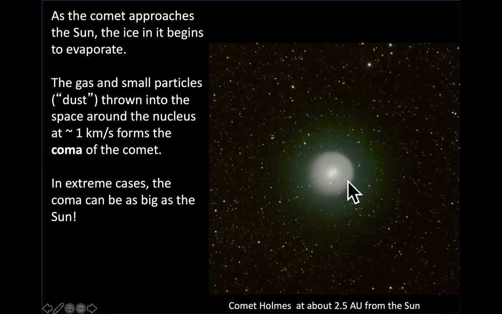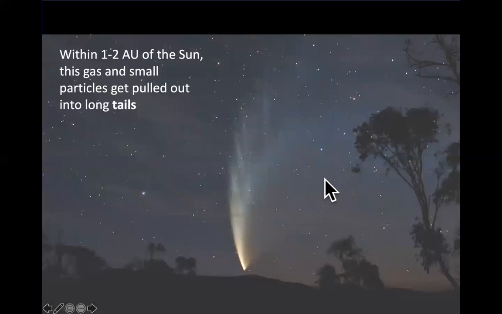And as these things get even closer to the sun, that dust doesn't just form a cloud around the nucleus, it gets stretched out into tails. When they get close to Earth's distance from the sun, the sunlight and the solar wind interacting with that gas and dust starts to pull that material into long tails.